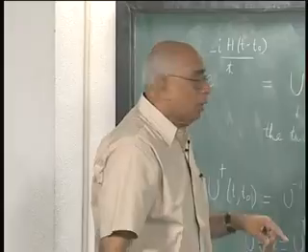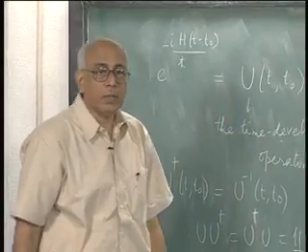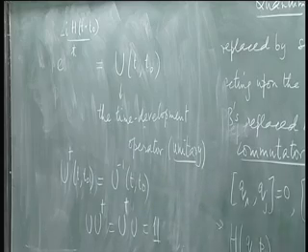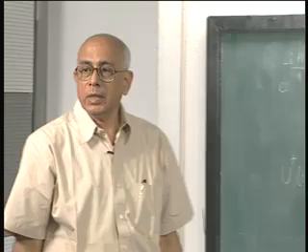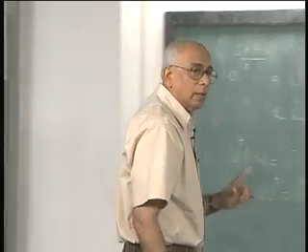The time development operator in those cases would continue to be unitary, and we are going to look at some problems where it becomes explicitly time dependent. For instance, I take an atom and I switch an electric field on and off, then of course there is a time dependent Hamiltonian and I need to know what the time development is.